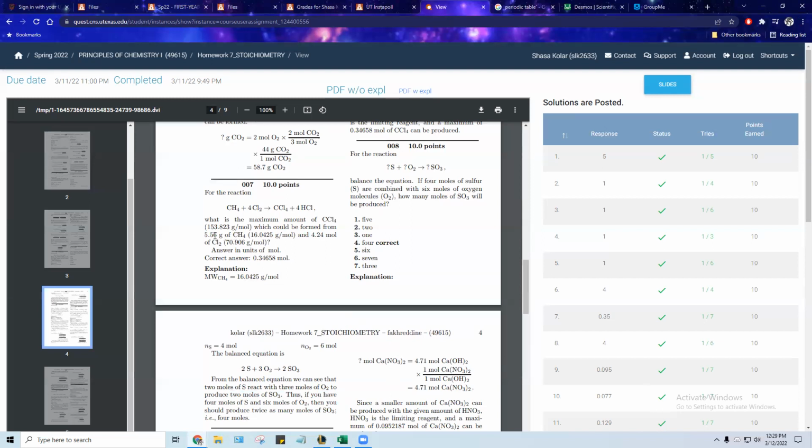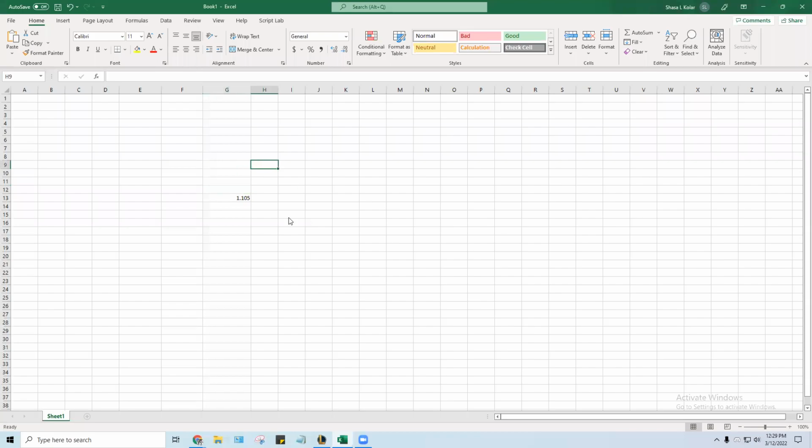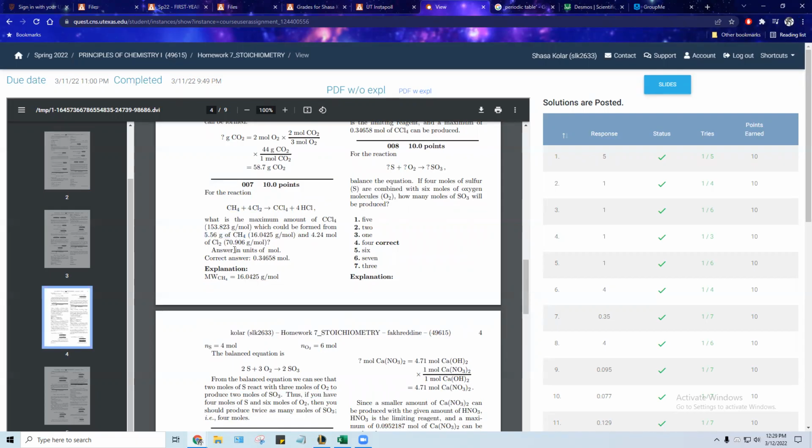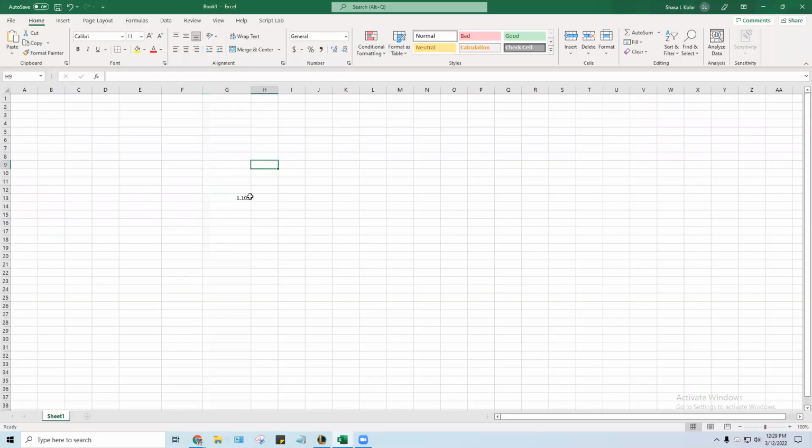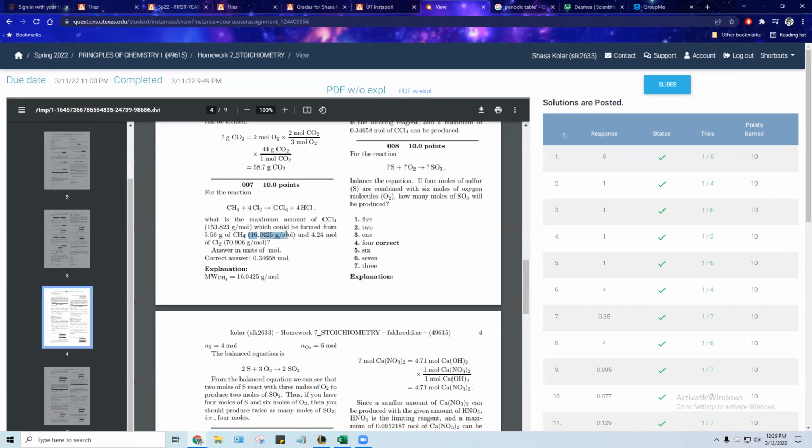Next we need to find how many moles of CH4 we have to find the limiting reagent of this reaction. So 5.56 grams. When they give you the molar weight, always use theirs, even if you can find it yourself. I could find this, but I would get 4.04 plus 12.01, which would be about 16.05, which is a little bit off, and in the math it might make your answer incorrect.